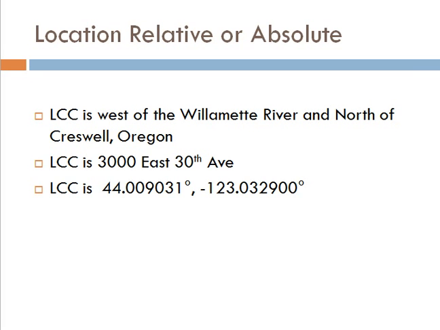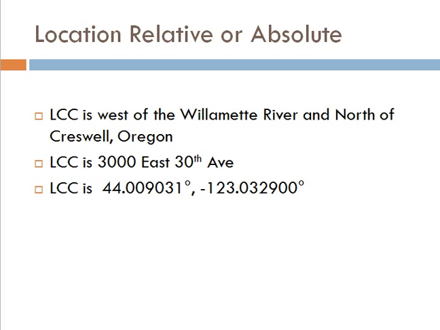land development. And then the last topic, or second to the last topic, is this idea of location, which is really critical in geography. And so you want to be able to talk about location in two ways. One is relative location, the second is absolute location. Relative location means that you're discussing a place with respect to other places.